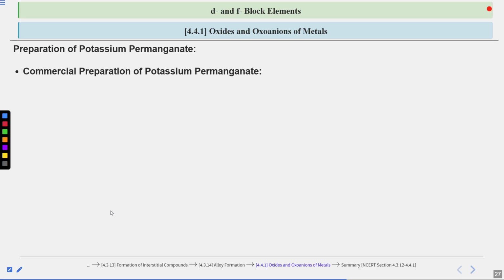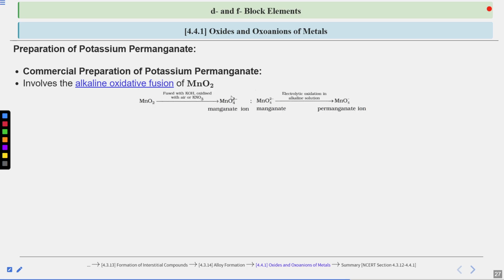The commercial preparation of potassium permanganate. So we have seen the laboratory method of potassium permanganate in the second step, from manganate to permanganate conversion. Now if you talk about the commercial preparation of this compound, it involves the alkaline oxidative fusion of manganese oxide, so MnO2 fused with potassium hydroxide and oxidized with air or KNO3 converts to MnO4 2 negative, a manganate ion.